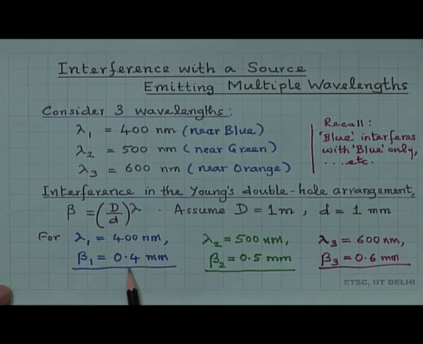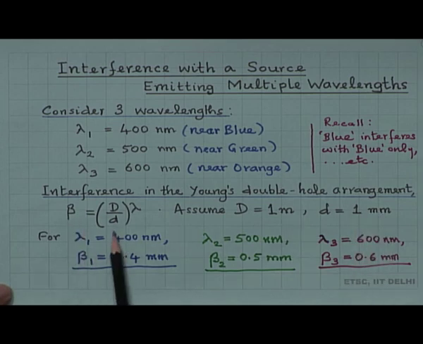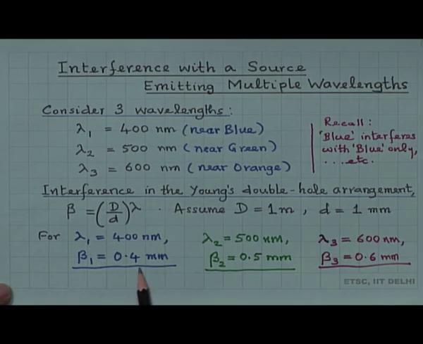I have assumed a distance D equal to 1 meter and the separation between S1 and S2 as 1 millimeter, typical numbers which we use in practice, and therefore, the fringe width is given by D by d into lambda. Substituting lambda equal to 400 nanometer, we get the fringe width 0.4 mm.